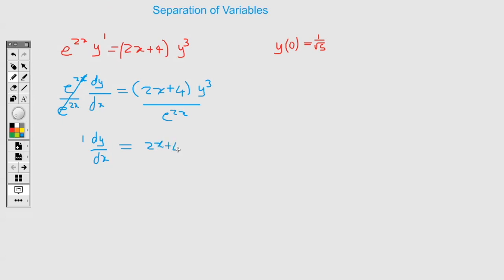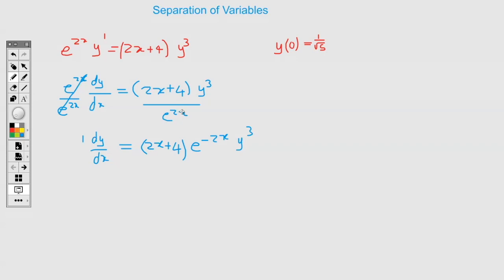Now, although I have this in the denominator, we can change the position. We can rewrite this so that we have it in the numerator. It means I change the sign of the power. So it now becomes e to the minus 2x y cubed. All I did was rewrite this using the laws of indices.